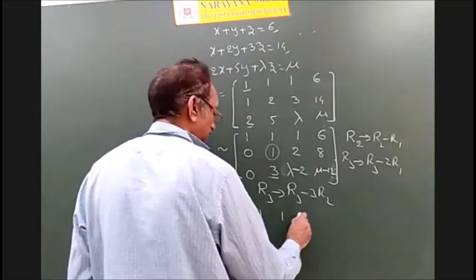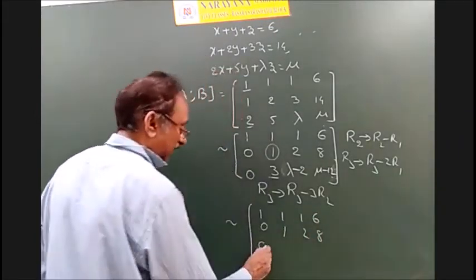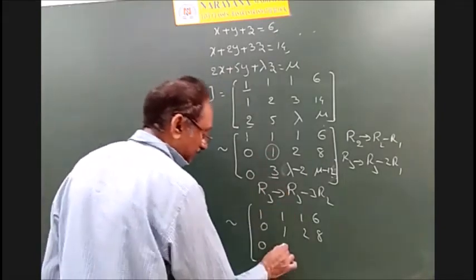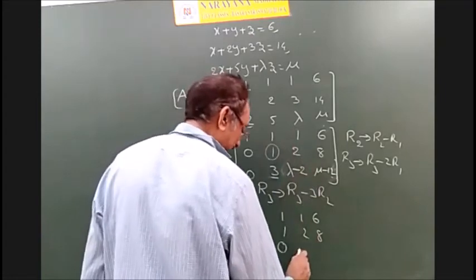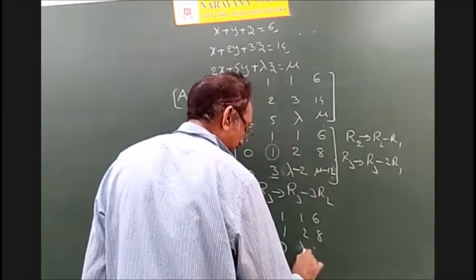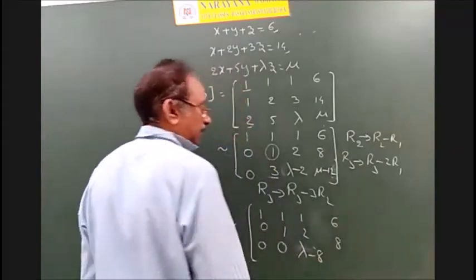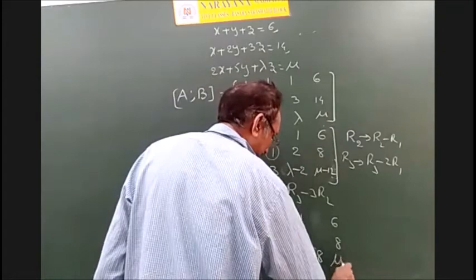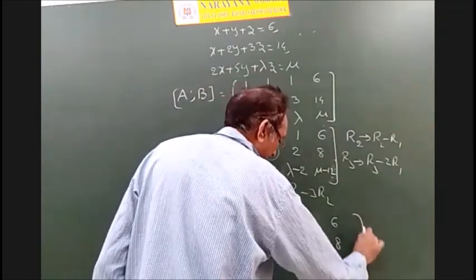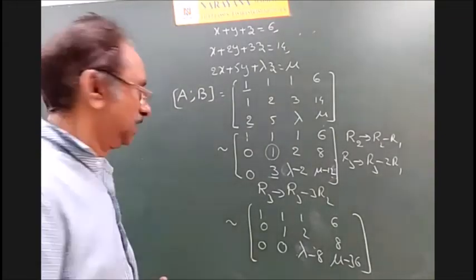This is 1, 1, 1, 6, 0, 1, 2, 8, and 0. This is 3 minus 3, 0. And this is lambda minus 2 minus 6, lambda minus 8. And what is this? Minus 24 minus 12, minus 36. Mu minus 36. And see now, we have to see the different cases.